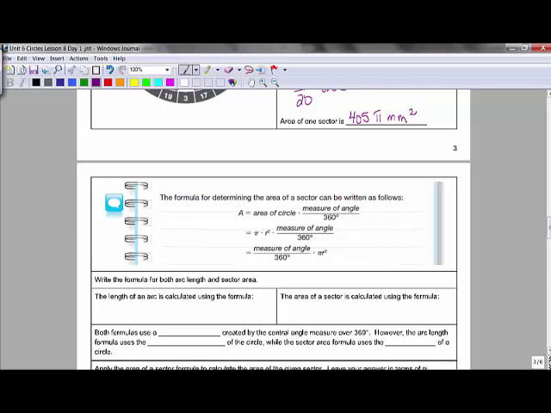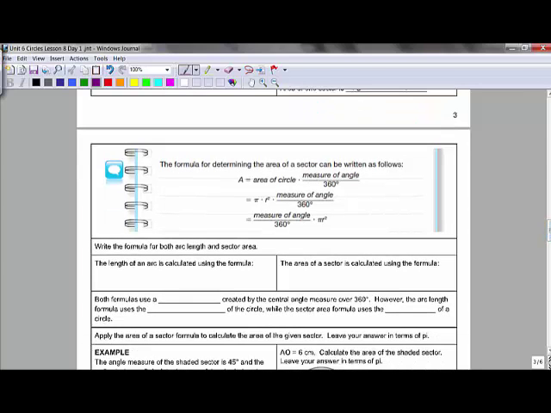All right, what we just did is we used the formula without even knowing how to calculate the area of a sector of a circle. So it's very similar to our formula we used for arc length. So let's kind of go back and visit that here.